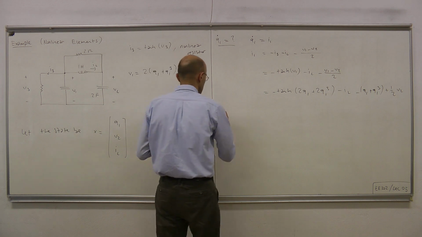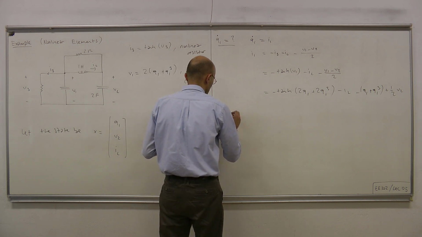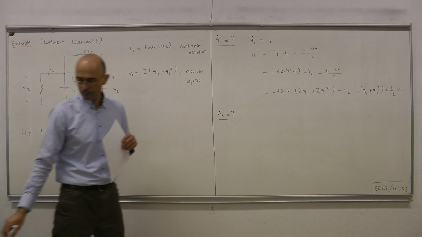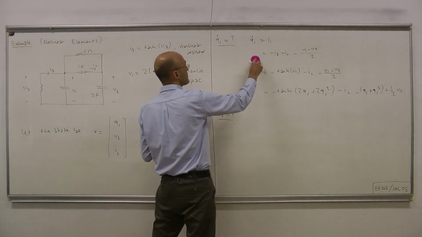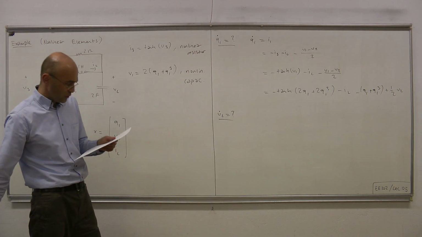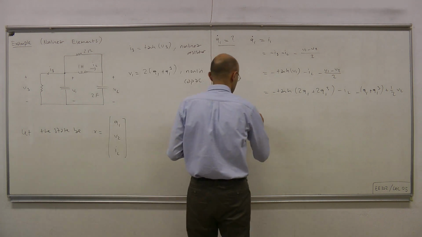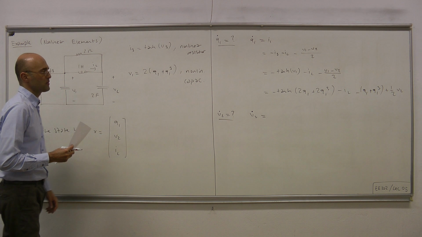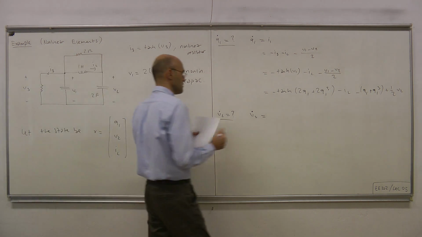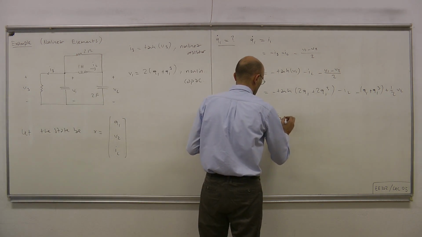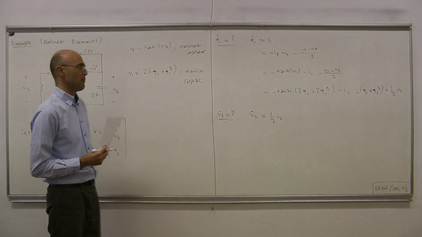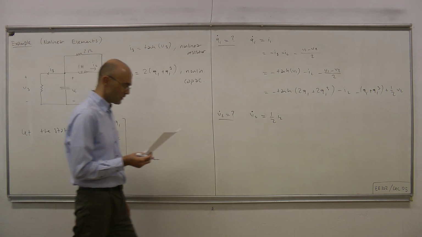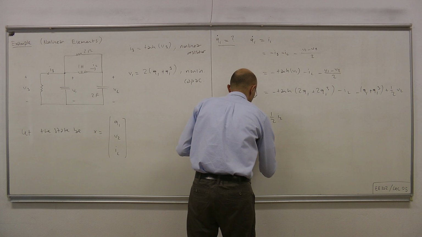Move on to V2 dot. V2 dot is 1 over C2 times I2. That's the terminal equation for the second capacitor, which is LTI. And what's I2?